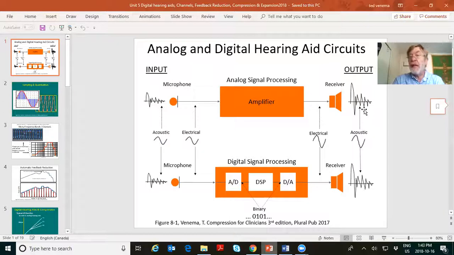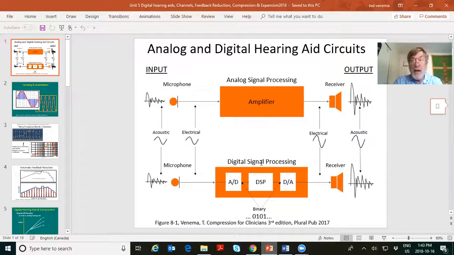That would be analog. When you look at digital, you have one more transduction. The mic isn't much different. It changes sound into electricity. The electricity here is sent to an A to D converter, analog to digital converter. That means this electrical current is changed into digits, a series of zeros and ones.